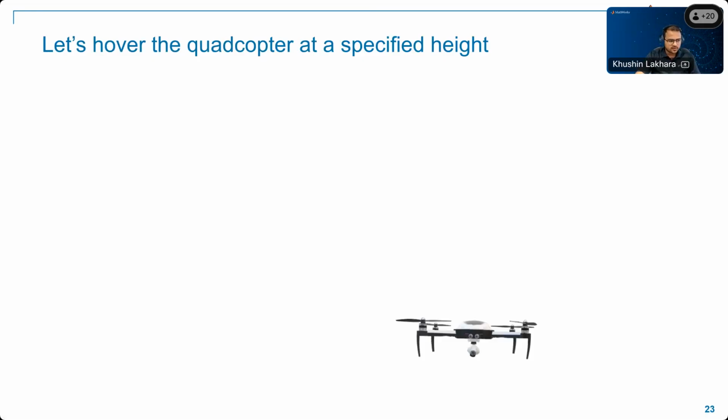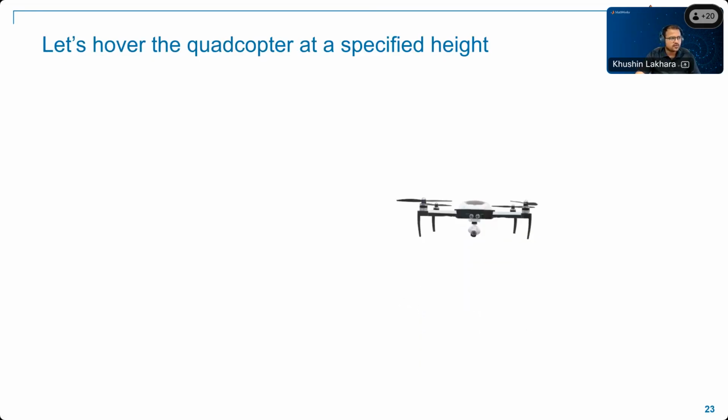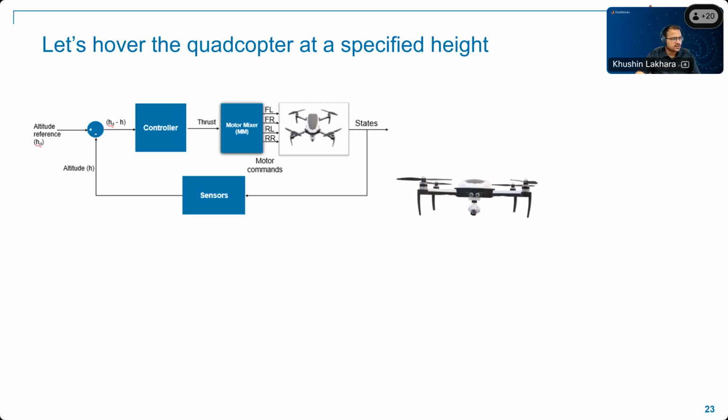Consider our quadcopter started flying and moved to a specified height, and we want to hover it here, maintain this height. The simple controller can be this: we have the plant model. From the plant model, we calculate all the states, and these states are measured through sensors.